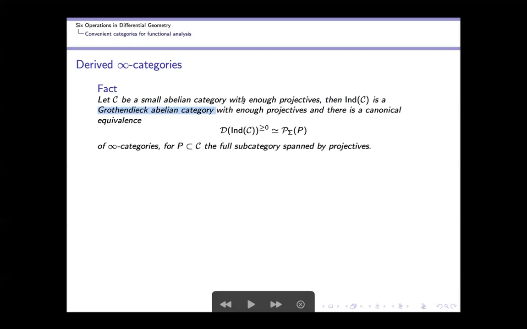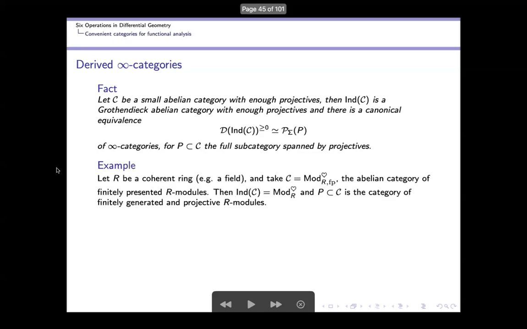The Grothendieck abelian category has enough projectives, and you can take its derived infinity category. So you can take chain complexes of projective objects in non-negative degrees. And that derived infinity category is exactly going to be this P sigma construction on the projectives. And so this is just the same example from the previous slide.